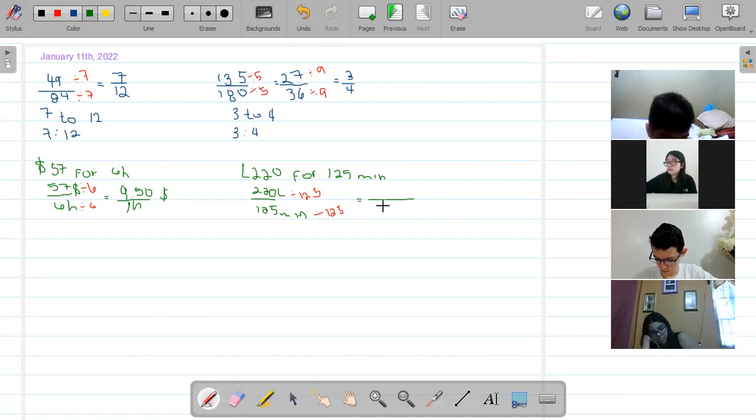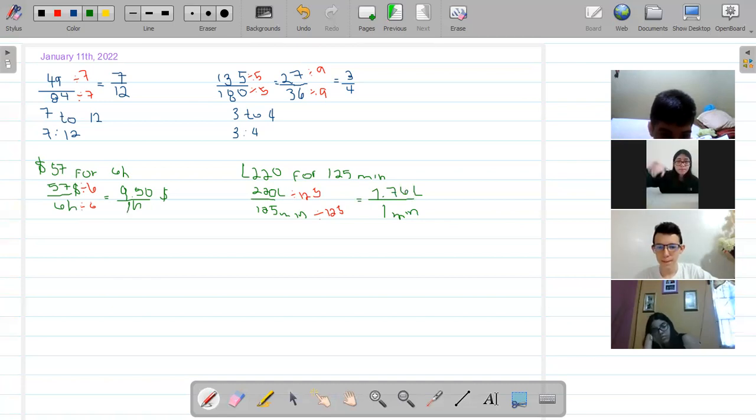So 125 divided by 125, that's 1 minute. So let's divide now 220 by 125. And that will give us how much? 1.76 lempiras.